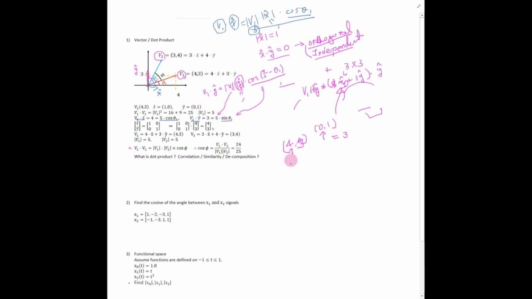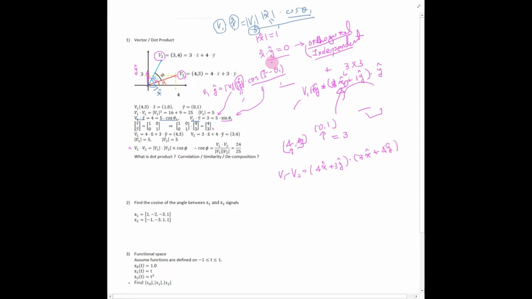It means that v1 dot v2 is given this way: 4 times x hat plus 3 times y hat, dot product with 3 times x hat plus 4 times y hat.